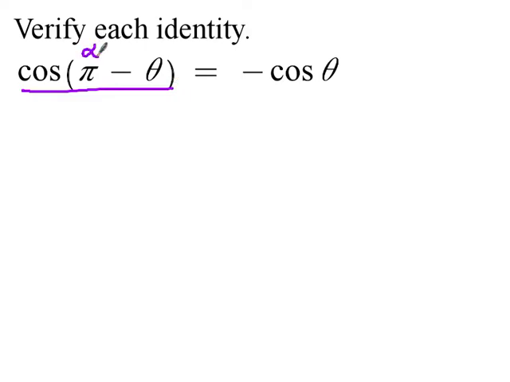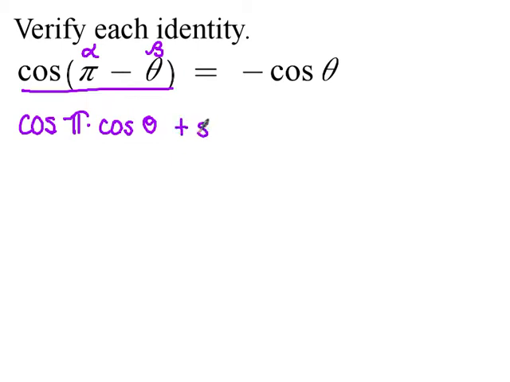This is like my alpha. This is like my beta. Okay. So I get cosine of pi times cosine of theta. What do I do for my operation? Minus or plus?